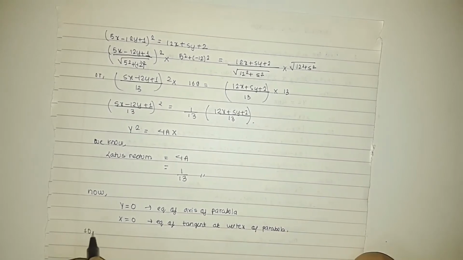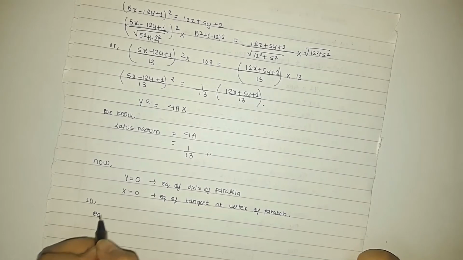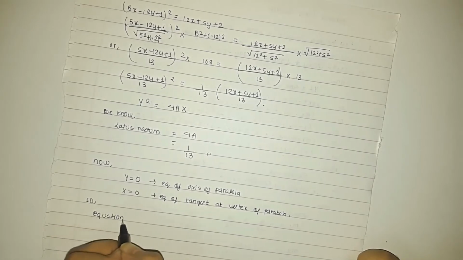So the equation of the axis is y equals 0, which is 5x minus 12y plus 1 by 13 equals 0, which is 5x minus 12y plus 1 equals 0, and this is our equation number 5.